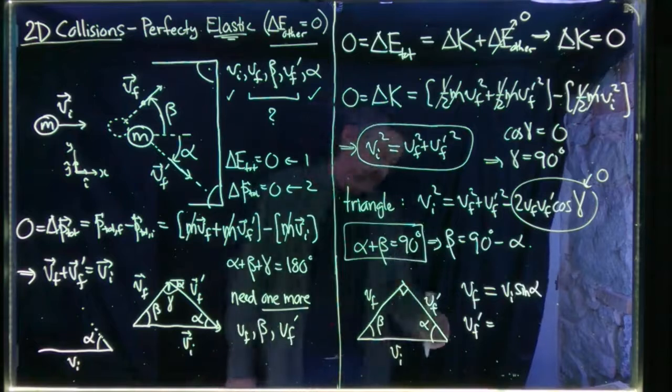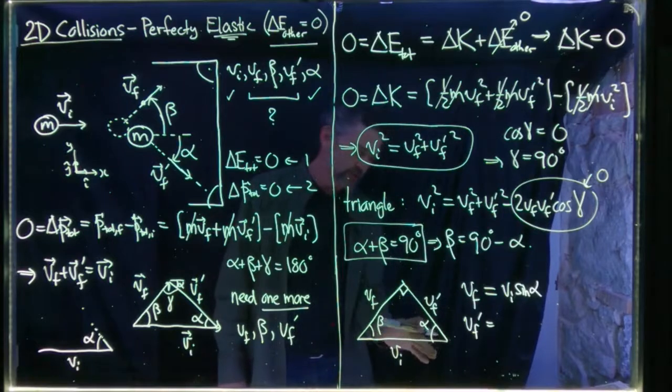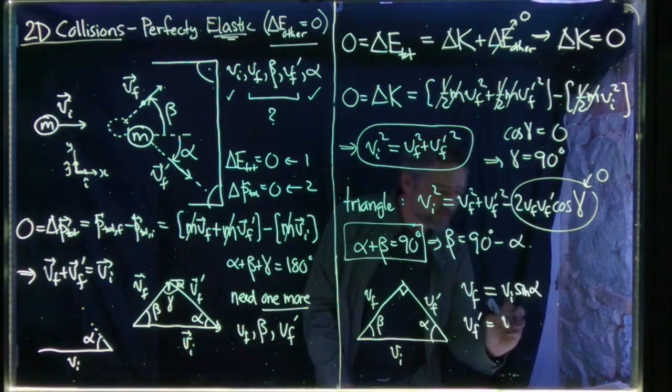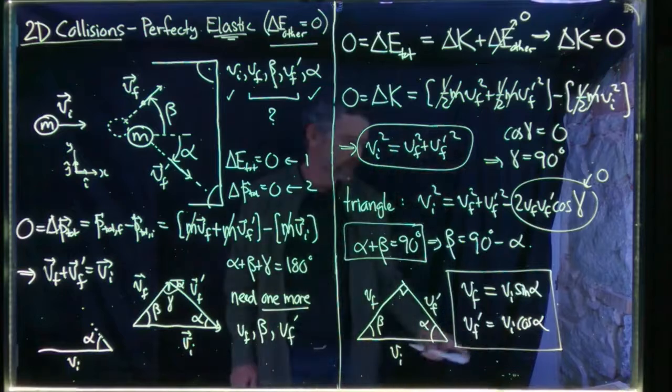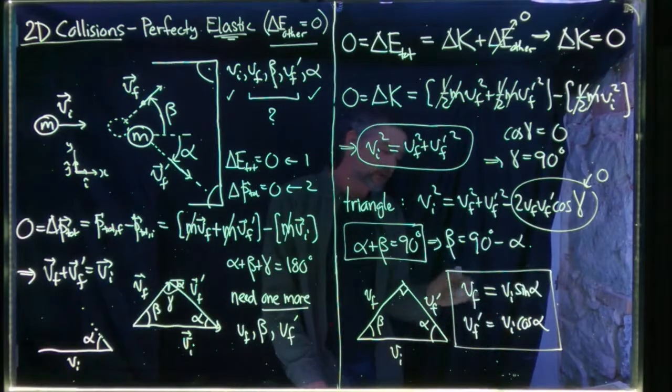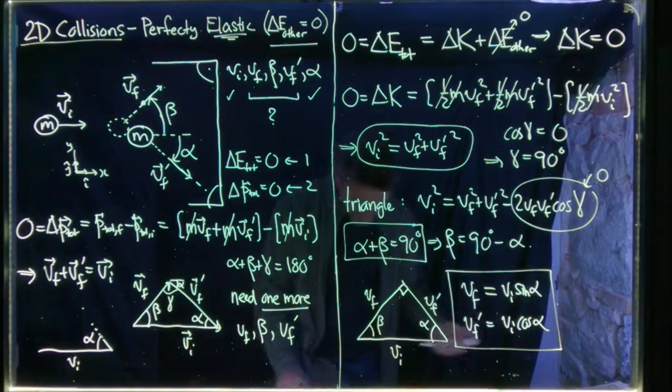That thing is the side length there, which is going to be just v initial times cosine of alpha. Okay. And we're done. And so you can just double check. If I take v final squared plus v final prime squared, I'll have v initial squared times sine squared plus cos squared. Sine squared plus cos squared is identically 1. So you can immediately double check that v initial squared is equal to v final squared plus v final prime squared. Okay, so that's that.